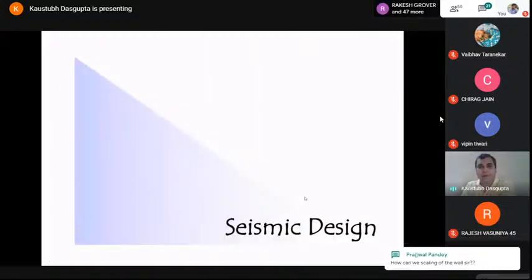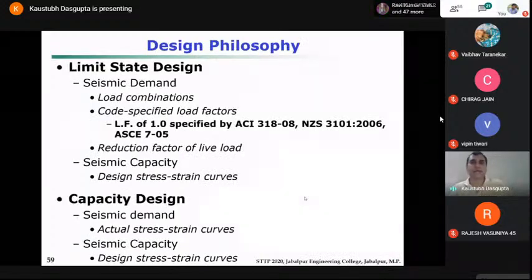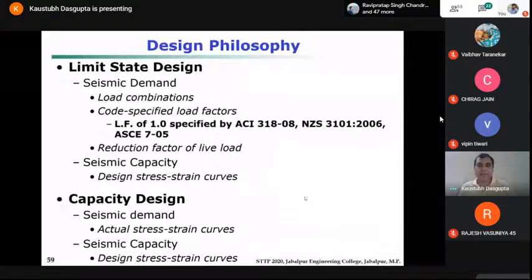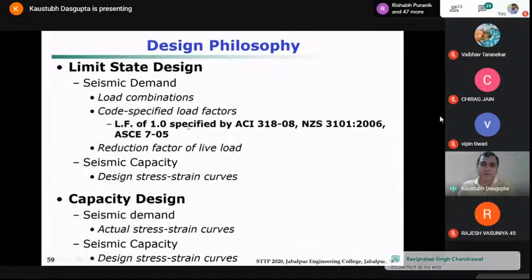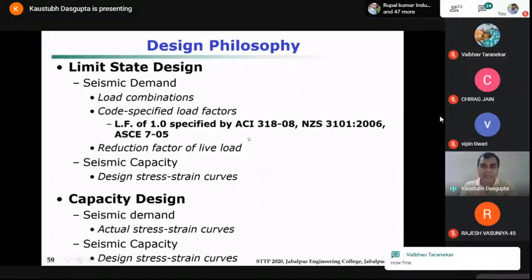Let me focus on the seismic design, the basic aspect. Just to re-emphasize, whenever we do seismic design, we have to do the first stage limit state method, and then the second stage becomes the capacity design. The different load factors are also specified in the codes of other countries. I'm not showing IS 13920 and IS 1893 here.